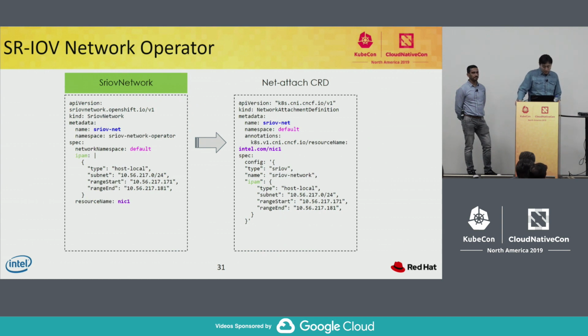Next is a manifest example of the SR-IOV network custom resource. Here you can see that there's a one-to-one relationship to the network attachment definition, which will be consumed by Multus. We can specify the namespace where you would like to create the network attachment definition, and you can specify what kind of IPAM you would like to use for this SR-IOV network.